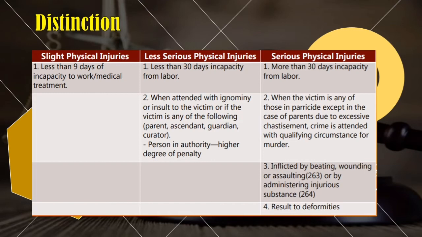For less serious physical injuries, these are those with less than 30 days incapacity from labor, and when attended with ignominy or insult to the victim, or if the victim is any of the following, such as parent, ascendant, guardian, or curator, or those persons in authority, it has a higher degree of penalty.